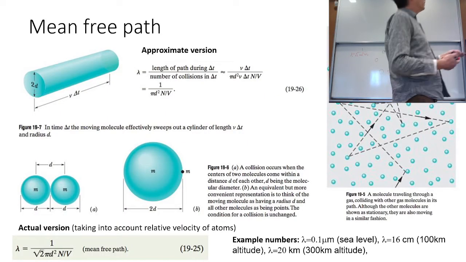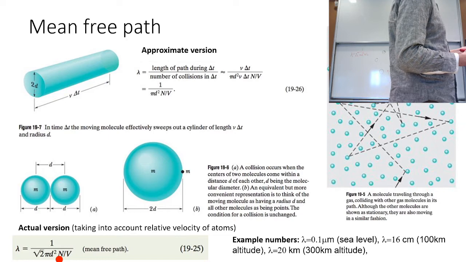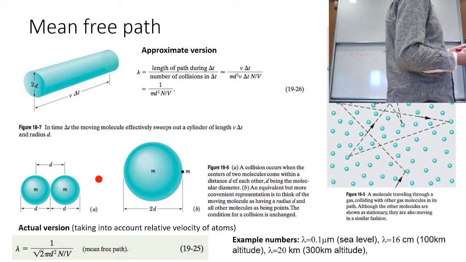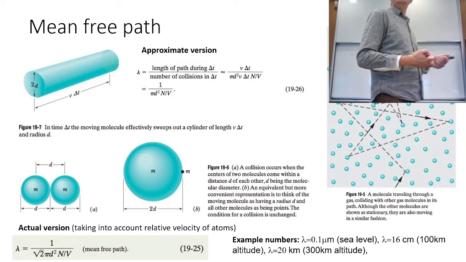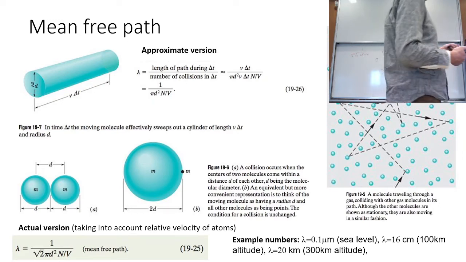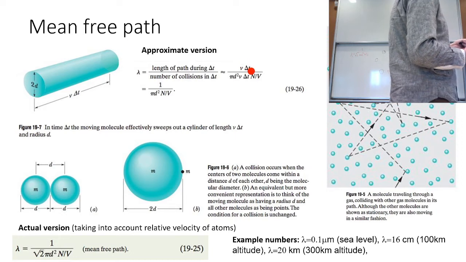It's only dependent upon the diameter of the atoms and the density. This n over v, that's the density of the atoms, and this is the diameter. So it's really only dependent upon the diameter. The velocity actually kind of cancels out at this point, so you don't even have to think about the velocity.